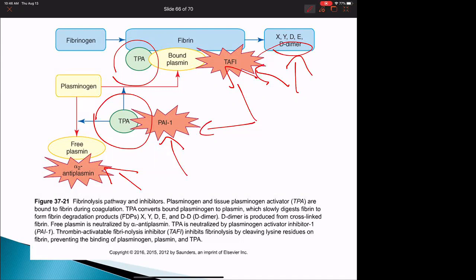So TAFI, PAI-1, and alpha-2 antiplasmin are regulators of fibrinolysis. UPA and TPA are your activators, but those are going to activate plasminogen and plasmin that is bound to fibrin.